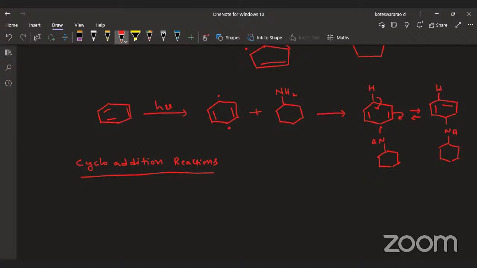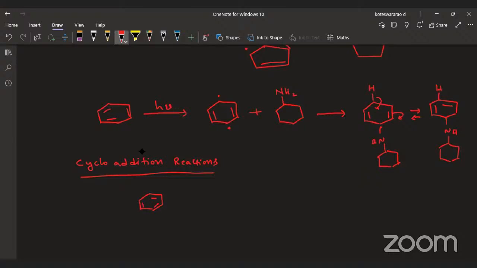These cycloadditions can be across ortho position, that is 1,2 cycloaddition reactions, and meta position, that is 1,3 cycloaddition reaction, and 1,4 reaction, that is para addition reaction. That means benzene can undergo a variety of photochemical cycloaddition reactions with olefin that leads to the formation of polycyclic and non-aromatic compounds.